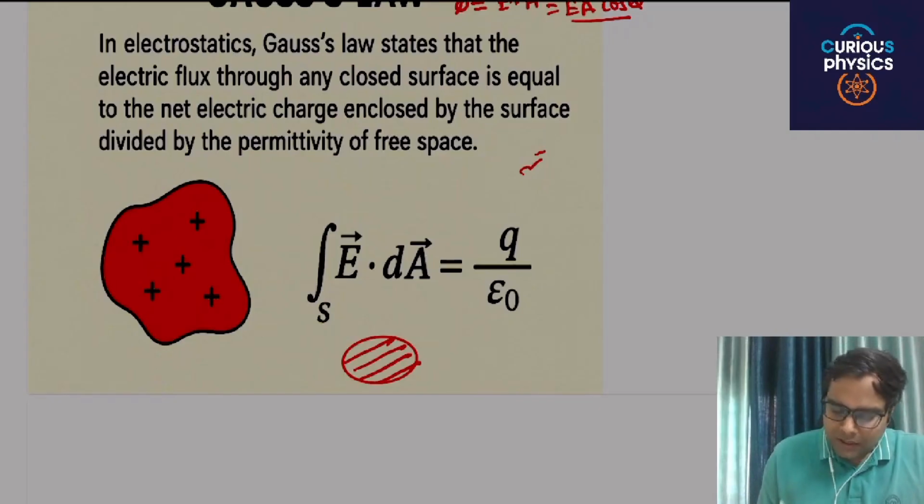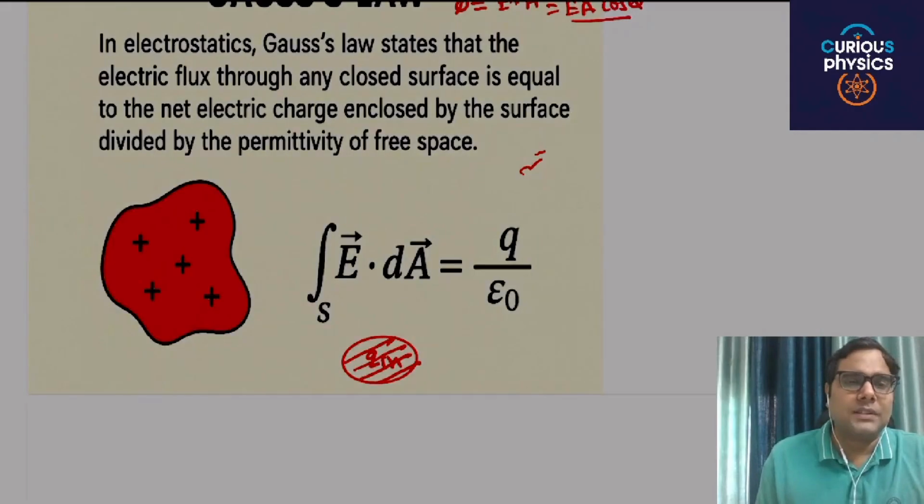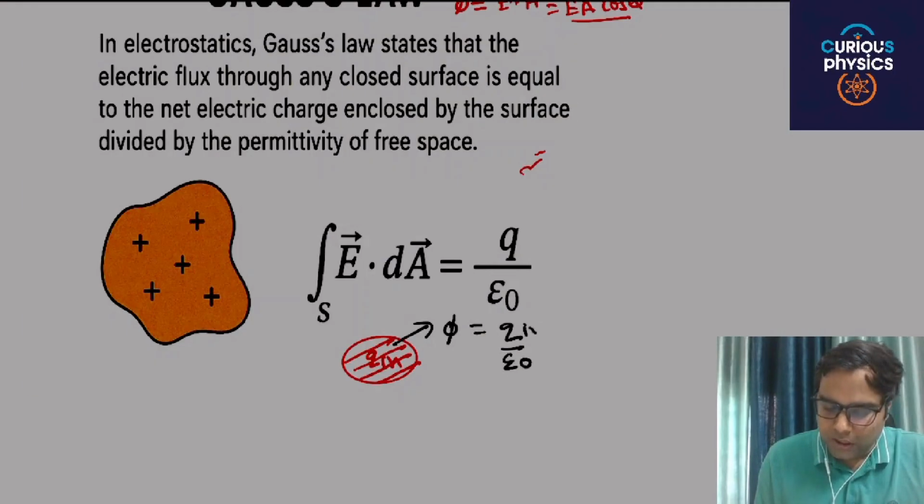So next, if a particular charge Q in is enclosed in a surface, then the electric flux passing through this surface is always Q by epsilon naught. Here Q is Q in.